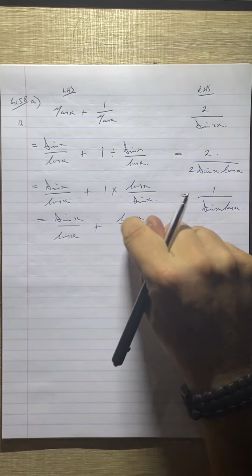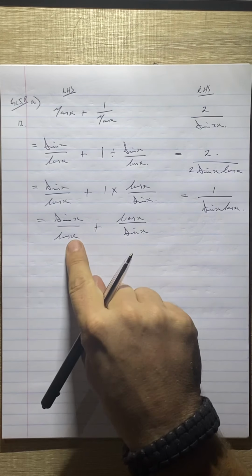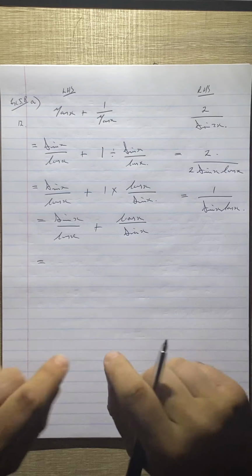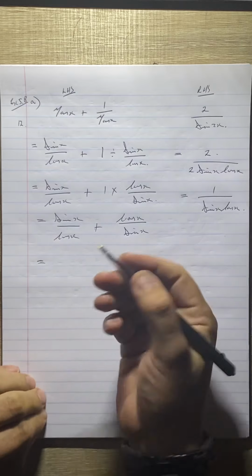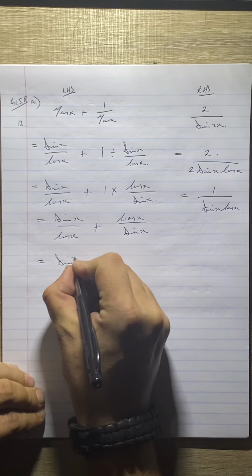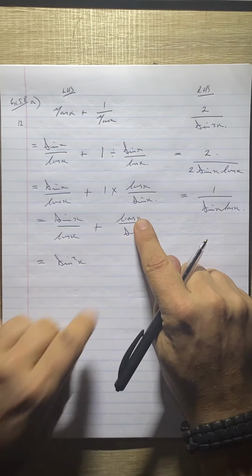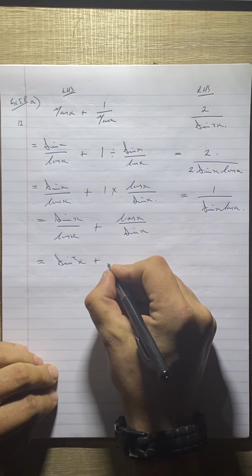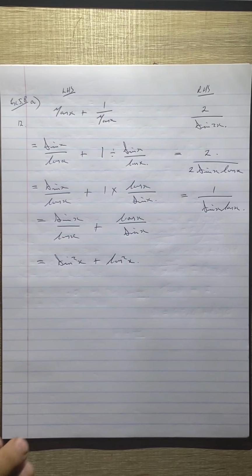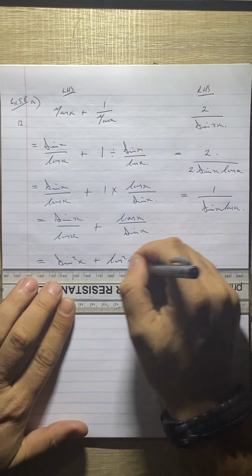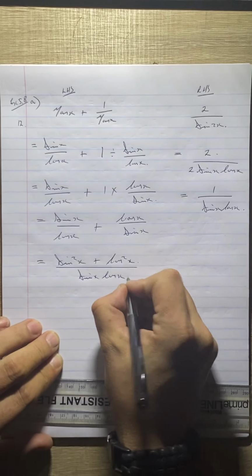Right, so we have a fraction plus a fraction, so we need to find an LCD, and our LCD is going to be sine x cos x. So we know this whole thing is going to be over sine x cos x, so this one needs a sine, so I multiply the top by sine. So sine x times sine x is sine squared x. This one here needs a cos x, so we multiply the top by cos x, so cos x times cos x is cos squared x, all over our LCD, which is sine x cos x.